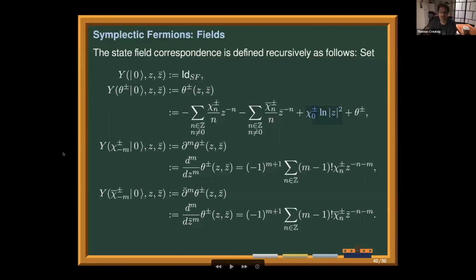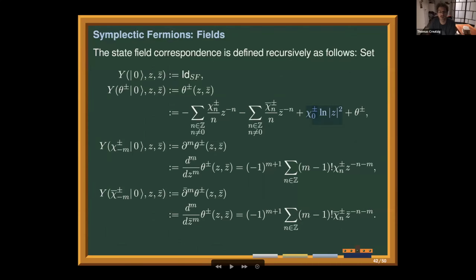And then these fields corresponding to the modes minus m are appropriate derivatives of the fields theta plus and theta minus. And one can write down closed formulas, but the precise form is not so important.